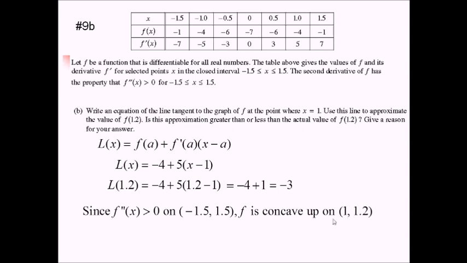And you have to spell out that you're concave up on the interval between a and x in order to get credit on this. Since the tangent line is going to be on the bottom of the curve, if our curve is a smiley face, is concave up, that means that the value we just found with that tangent line, negative 3, must be less than the true value of f of 1.2.